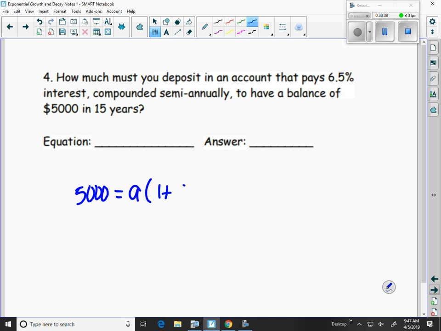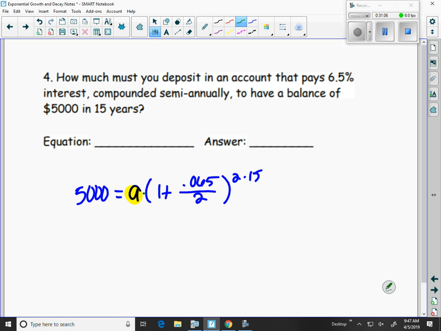So if we set this up, okay, we haven't done one of these yet, so make sure you're paying attention here. 2 times 15. Okay, so I would set that up like normal, but I don't have my A value. I need to find A. A is being multiplied to this set of parentheses. Agreed?